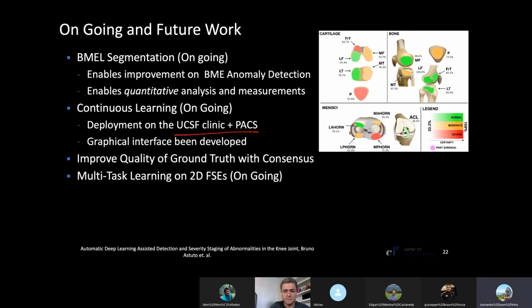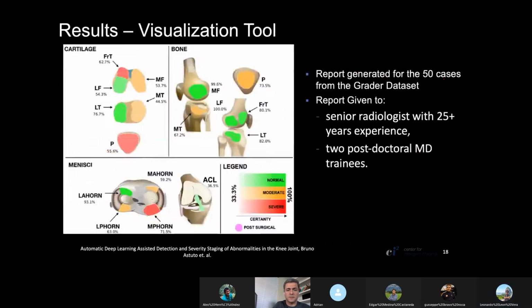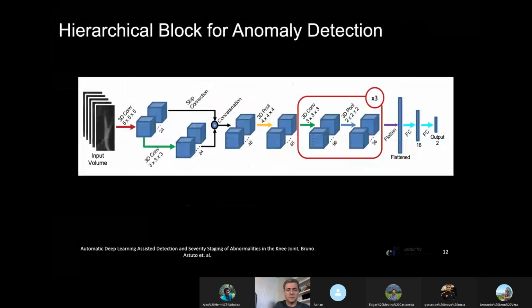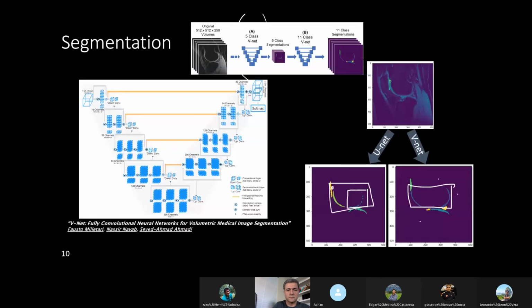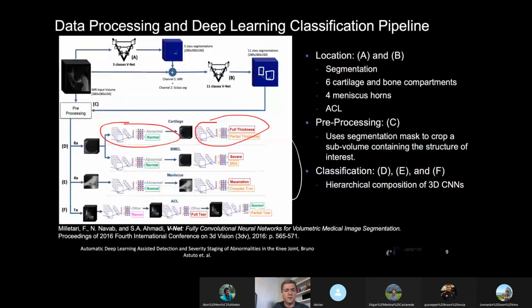Okay. Another thing, I was reading your paper, and you mentioned here that you are using 17 classification networks, right? That's what we have in this picture of the whole pipeline.